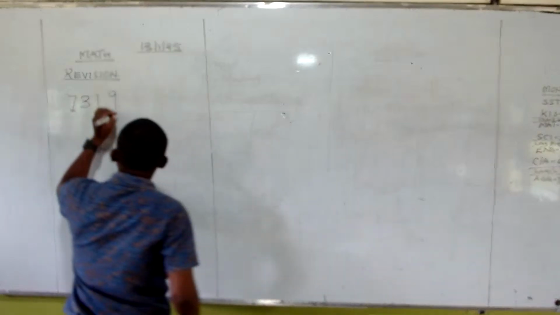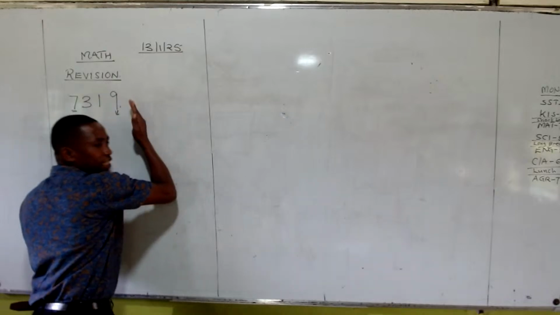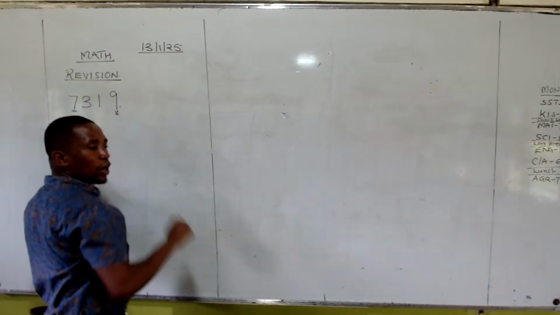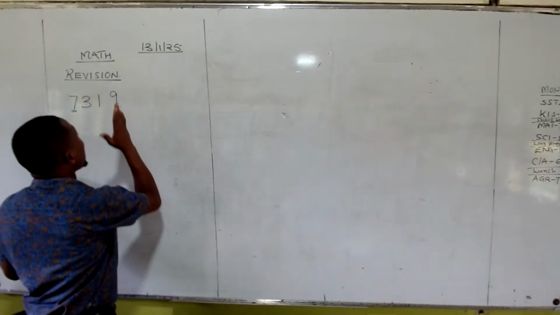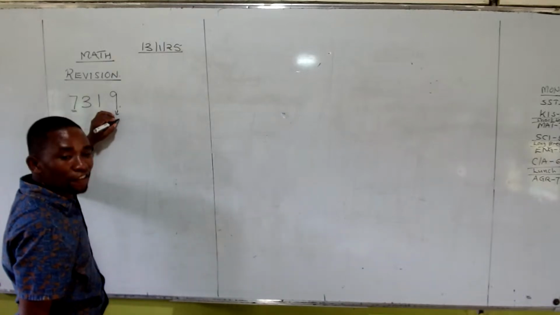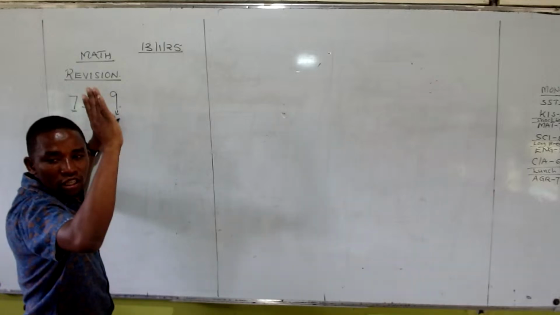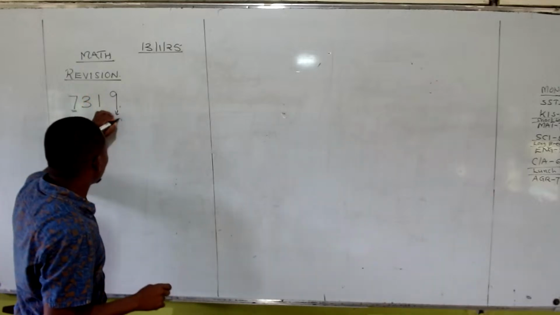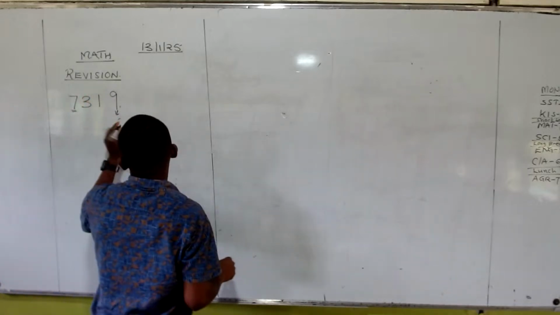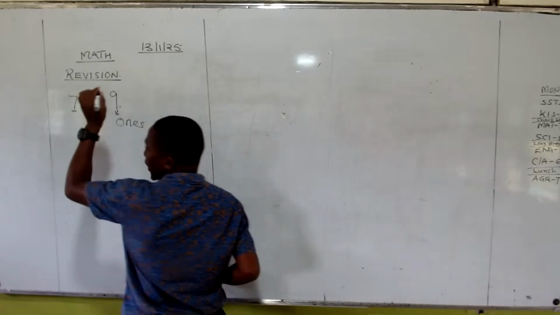Very good. So we said the position of the first digit starts from the right hand side. Are we together? When naming the position, we start from the right hand side and not the left hand side. So this one is the first digit. What is the position? 1. Second digit is 1.